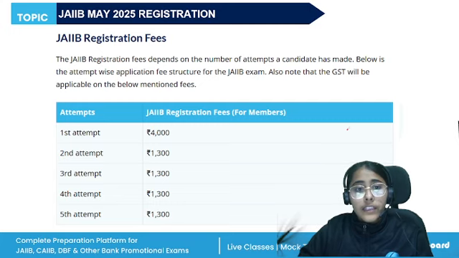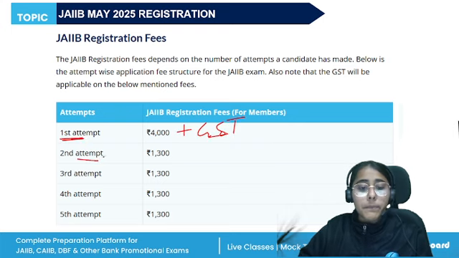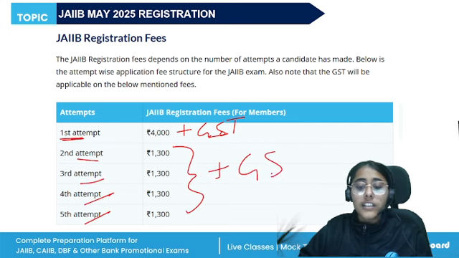So this is the normal exam fees that you will have to pay. Now, the registration fees depends upon the number of attempts a candidate has made. Also, GST will be applicable on the below mentioned fees. So for the first attempt, rupees 4,000 plus GST. If it is your second attempt, then third, fourth and fifth attempt, you will have to pay 1,300 rupees plus the GST.